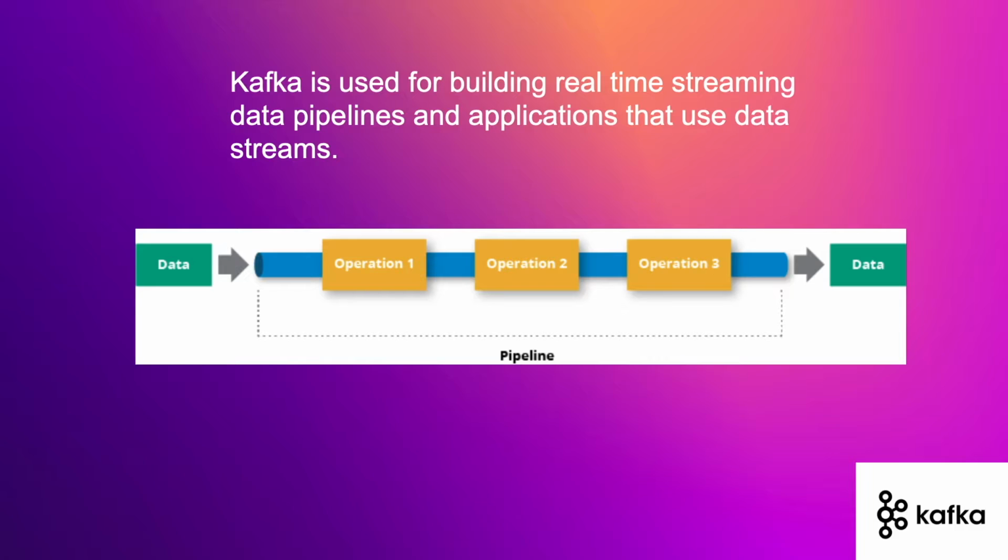So the first thing to keep in mind when using Kafka is the idea of a data pipeline. Kafka is used for building real-time streaming data pipelines and applications that use streams. It's a little bit wordy, but basically Kafka as software can be used to produce data, and Kafka likes to call these streams.